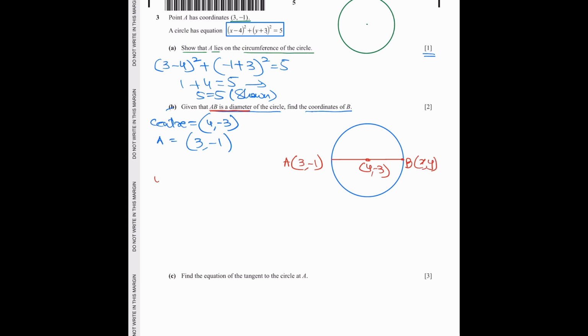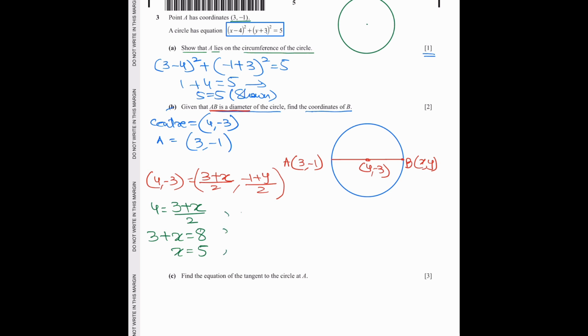So using the midpoint formula, (4, -3) equals (x1 plus x2 over 2, y1 plus y2 over 2). Now the x coordinate will be equal to the x coordinate. So we have 4 equals (3 plus x) over 2, cross multiply, 3 plus x equals 8, and 8 minus 3 equals 5.